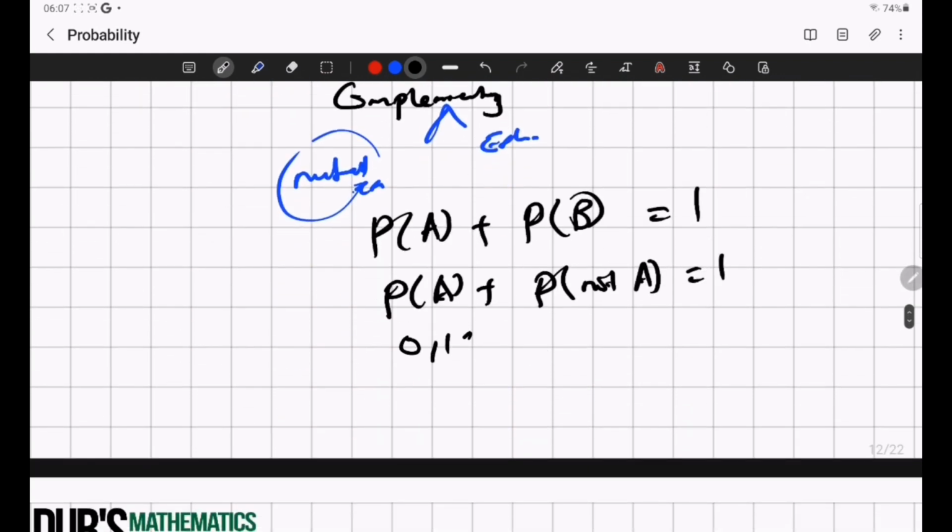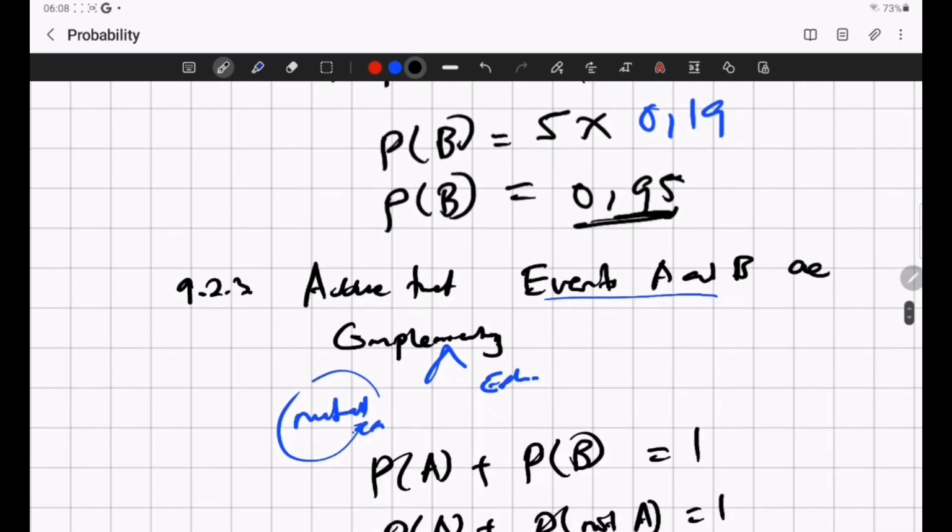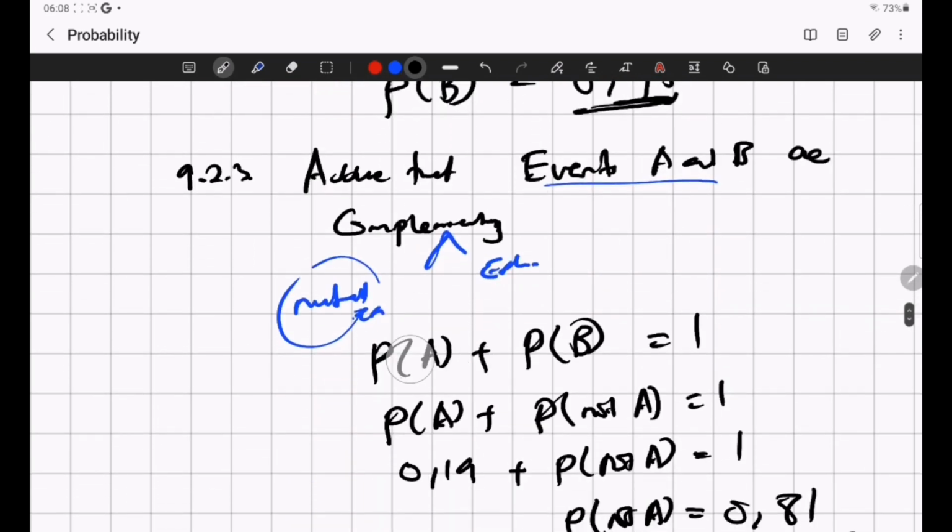So probability of not A would end up being 1 minus 0.19, which would give us 0.81. Okay, see now, but it shouldn't be B here, it should be not A.